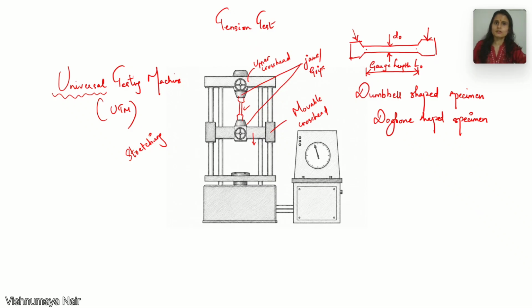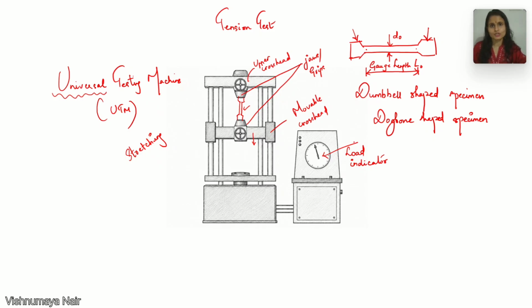Against this deformation, there will be a resisting force induced within the specimen. That induced force, that resisting force will be measured by the load cell and indicated by the load indicator. This is the load indicator. So we are imposing the deformation and we will be noting down the response, that is the resisting force, the force induced within the specimen against the deformation.